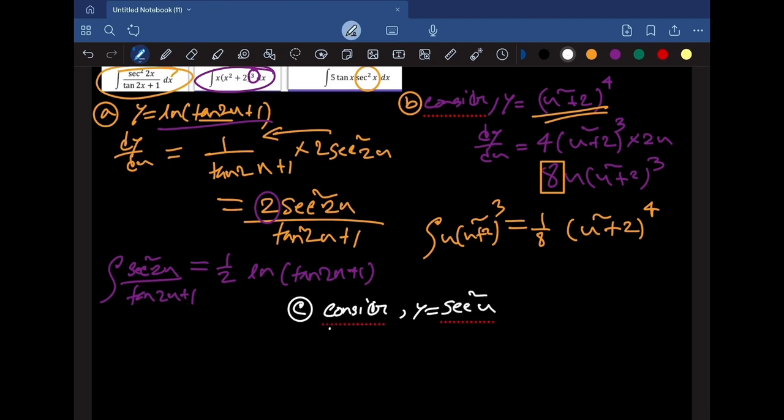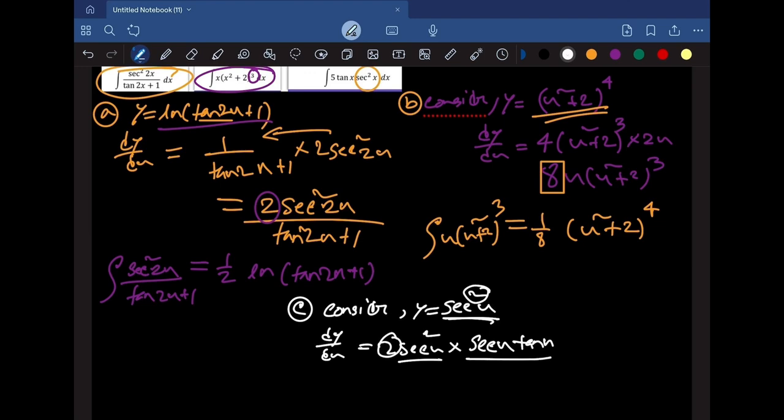Okay, so while doing dy by dx, it becomes 2 sec x into sec x tan x. This power has come right here, and sec squared x has remained sec squared x, and when we differentiate this sec squared x, it becomes sec x tan x, right?